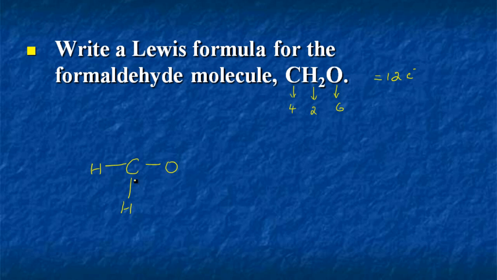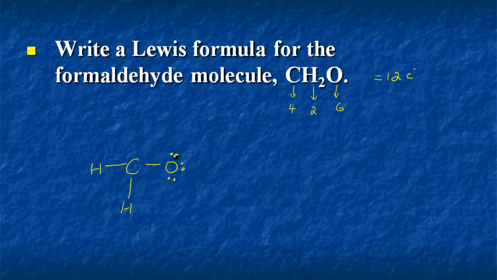Can I have any more electrons on hydrogen? No, because hydrogen already has 2 and is happy. So oxygen needs how many more? 6 more. So the first step is you are going to put those remaining 6 electrons around oxygen. Well, oxygen is happy. Who is not happy? Carbon. What do we do?